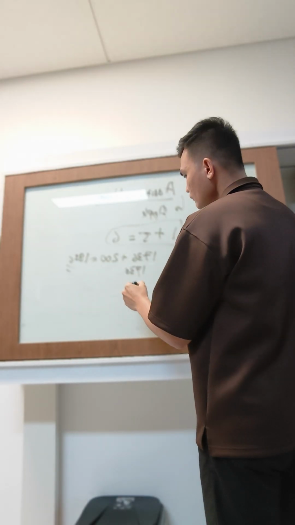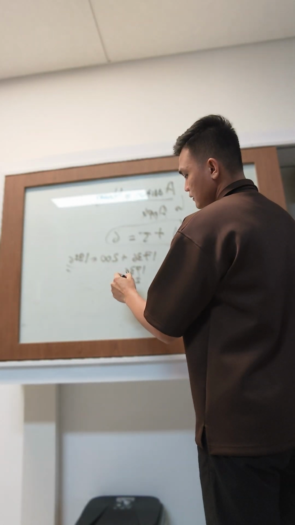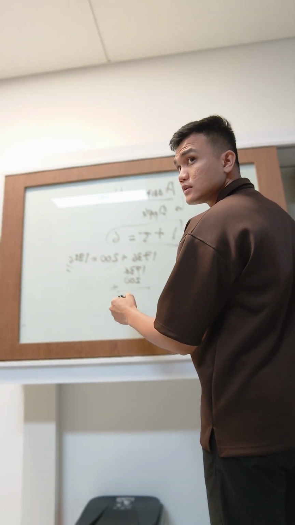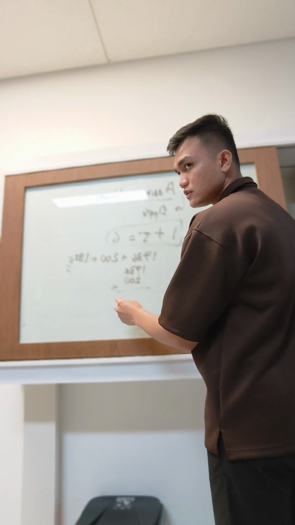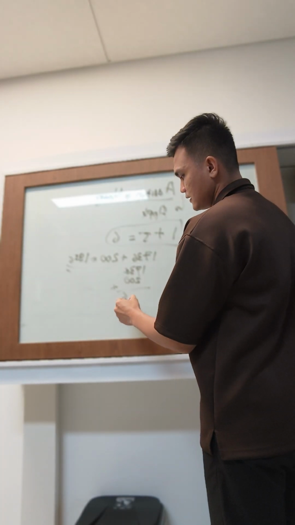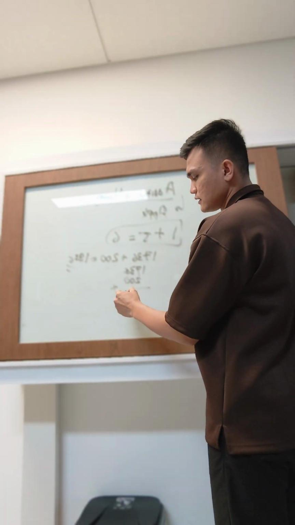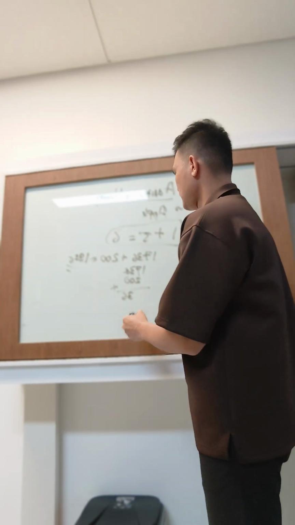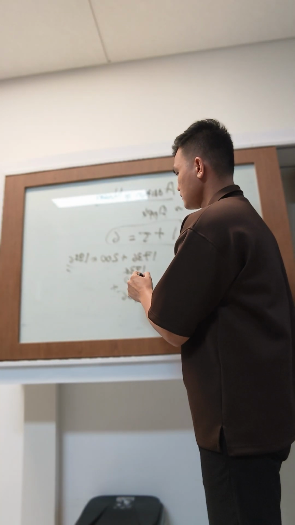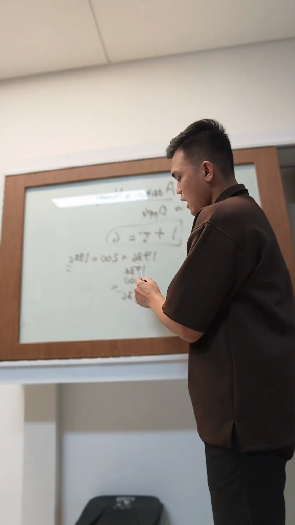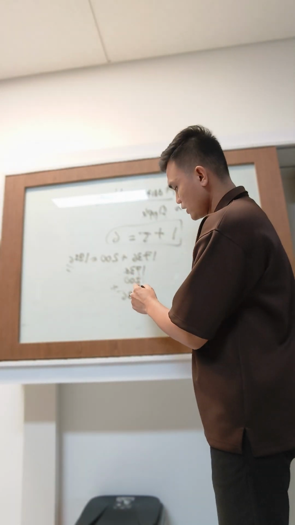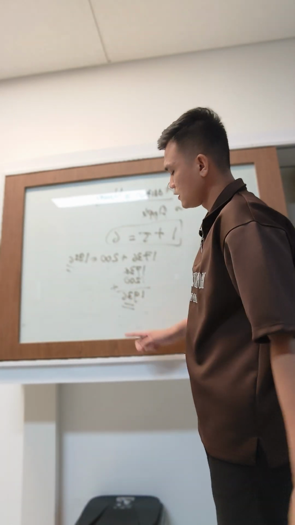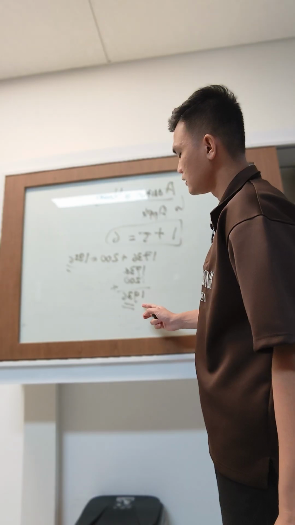1,736 plus 200. So 6 plus 0 is, no, it's not 0, it's 6, right? Yeah, 6. And 3 plus 0 is 3. 7 plus 2 equals exactly 9. And then 1, because there's no number here, we can put it down here, and the result is 1,936.